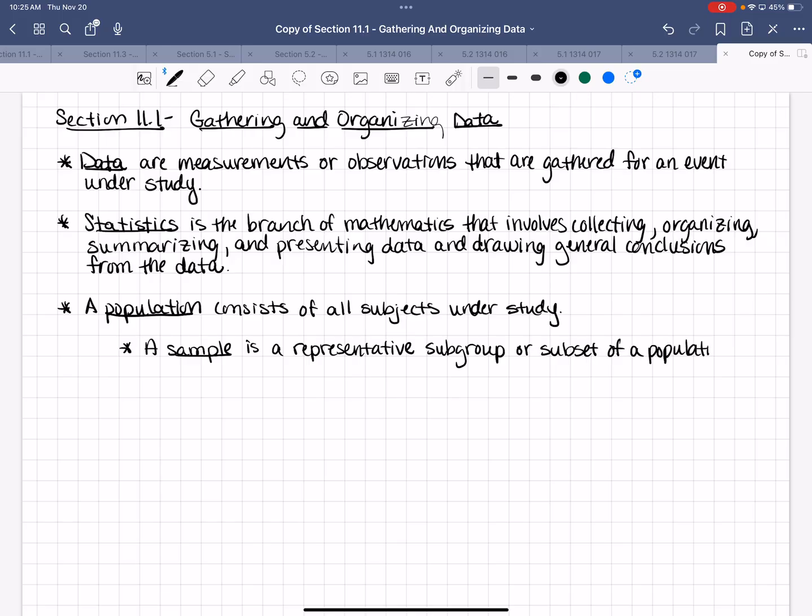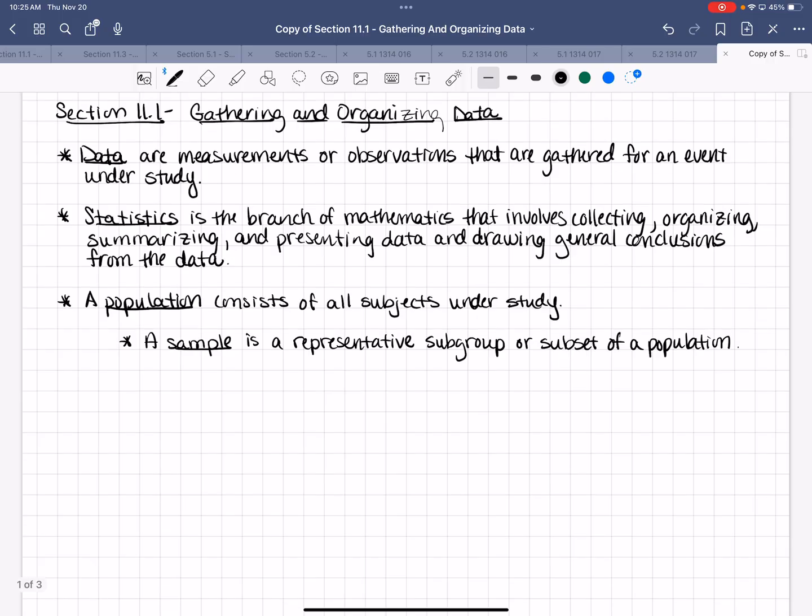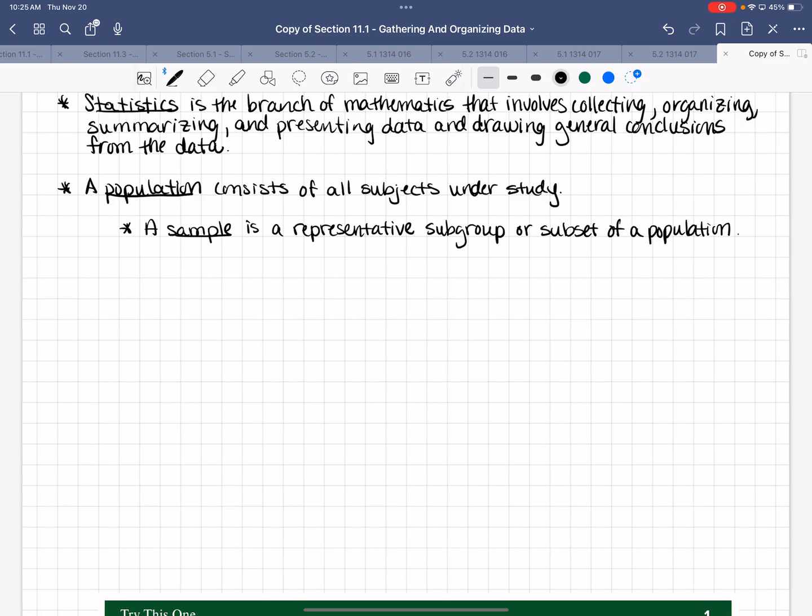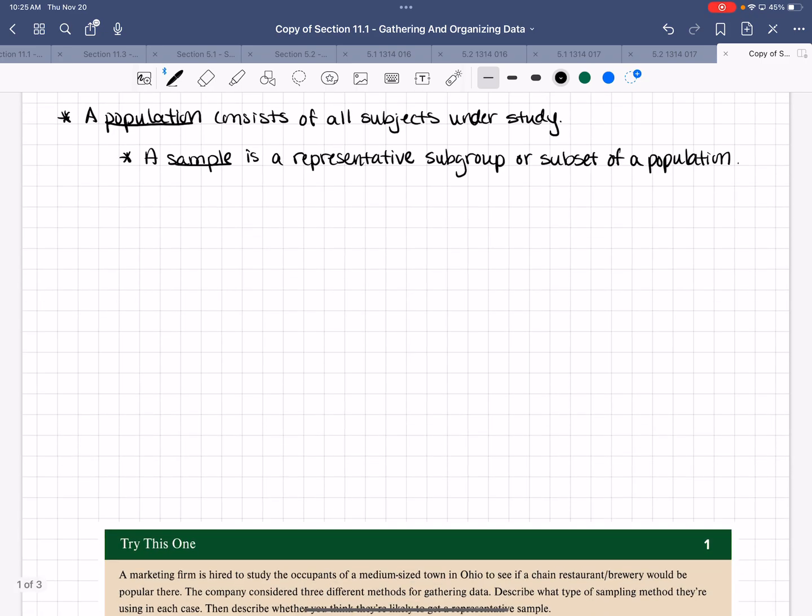And you'll notice there's a couple of vocabulary words from Unit 1 right there when we talk about a subset, okay? All right, so we pull a sample from a population, and there are different what we call sampling methods, okay? So we have sampling methods.